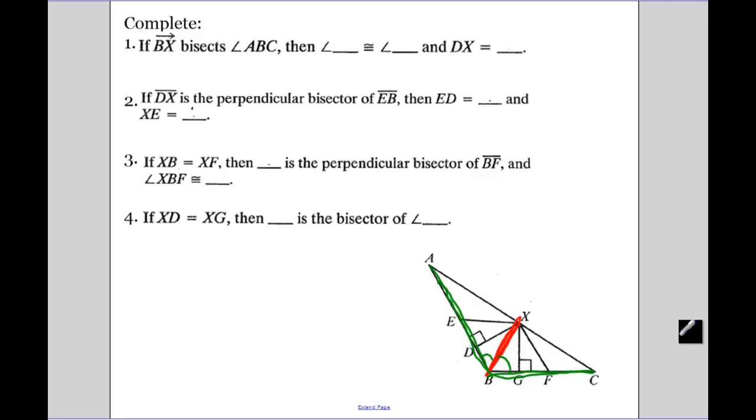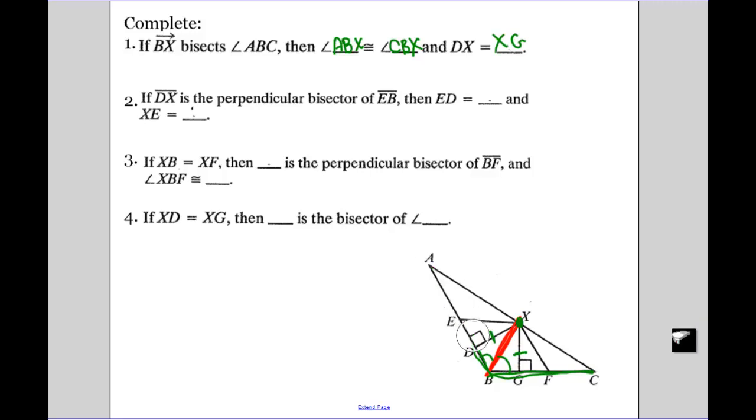Angle ABX is congruent to CBX. And DX, now X is a point on my angle bisector. So the perpendicular segment to the edge of the angle, XD, is going to be equal to the perpendicular segment from X to the side of the angle, which is XG.